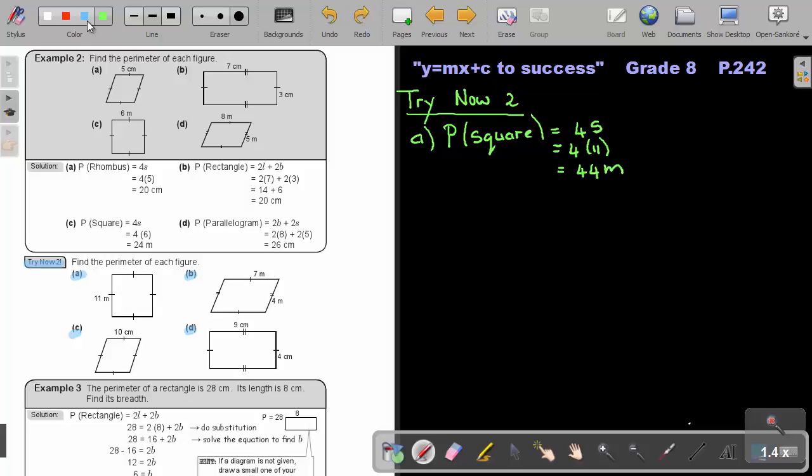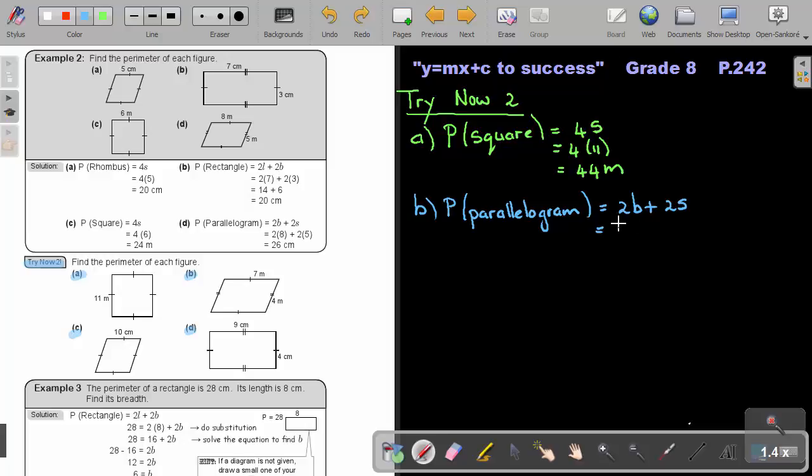Okay, let's look at number B. Now, number B is a parallelogram. So I start by saying perimeter of a parallelogram. Remember the spelling? It's 2 L's and then only 1 L. Okay, and the formula of a parallelogram, remember, it's 2 times the base plus 2 the side, the other side.